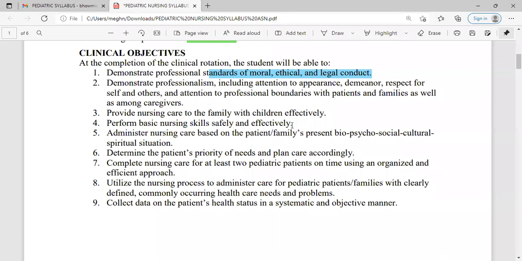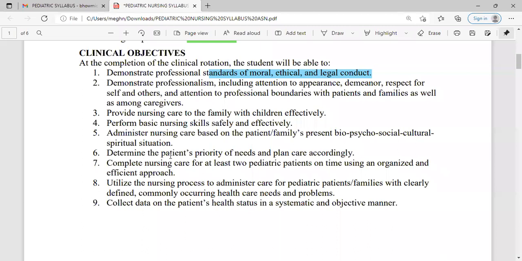Administer nursing care based on the patient's and family's biological, social, cultural, and spiritual situation. So spirituality, culture, social, psychology. All of it is holistic together, right?